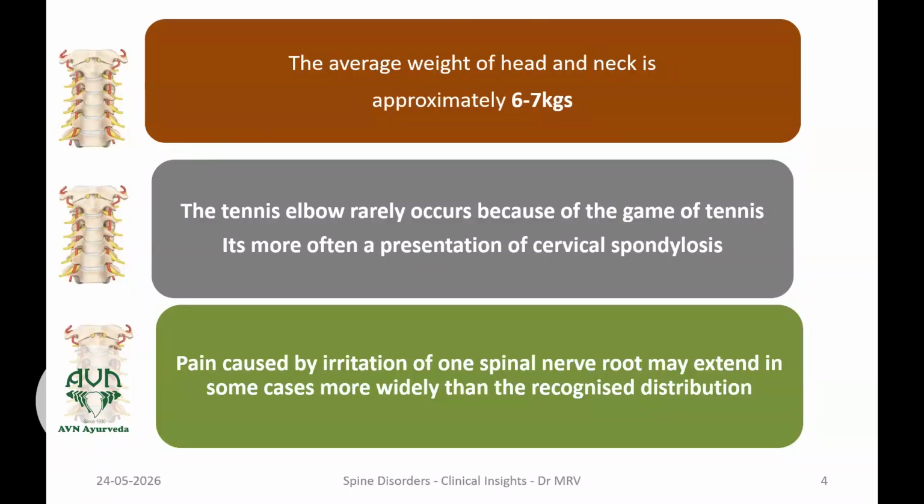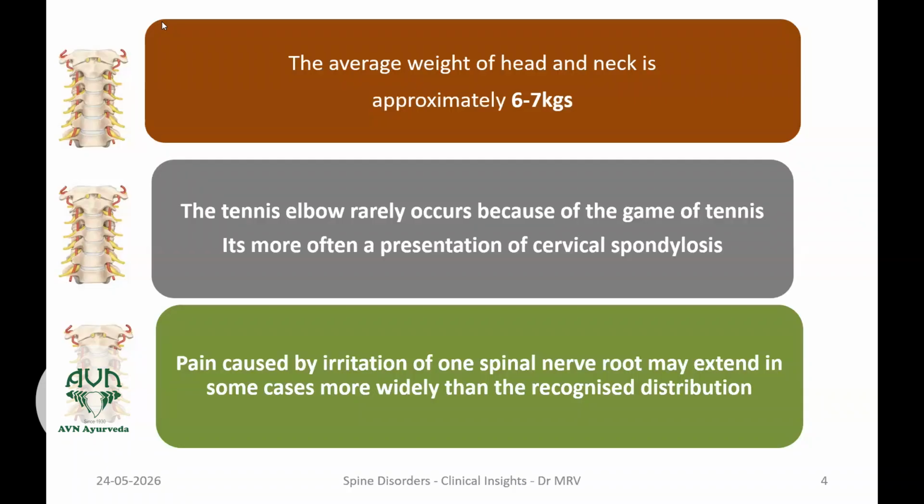Hence, cervical spondylosis and lumbar spondylosis appear in various forms in our body, and we should be very careful in making the diagnosis. Pain caused by irritation of one spinal root may extend in some cases over a larger area, and at that time it may be very difficult to recognize.